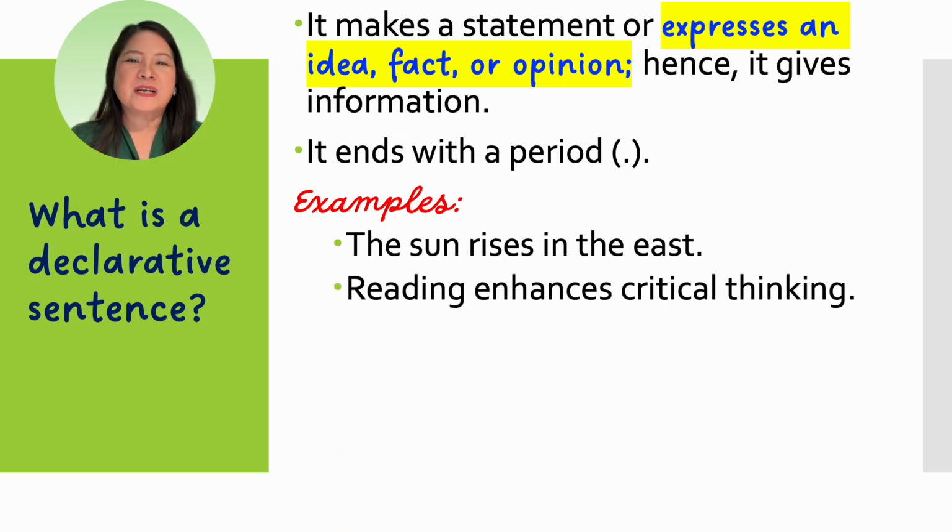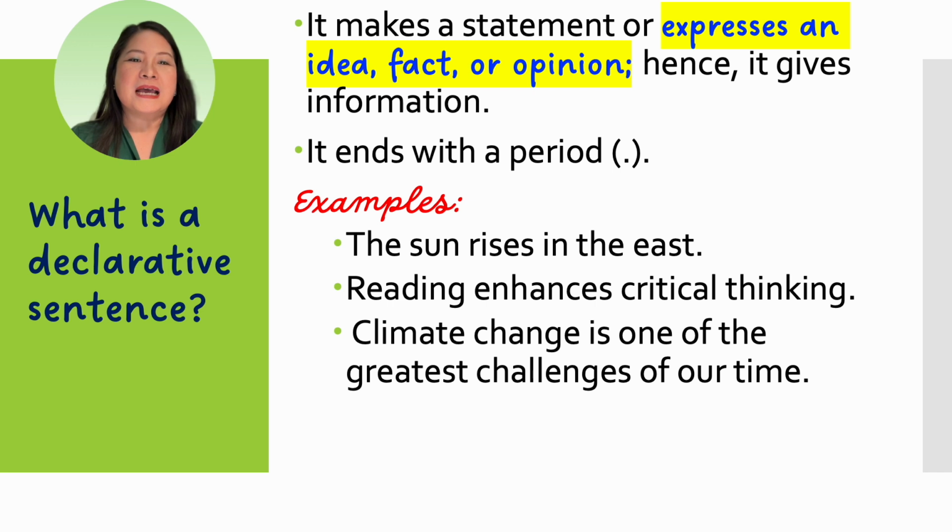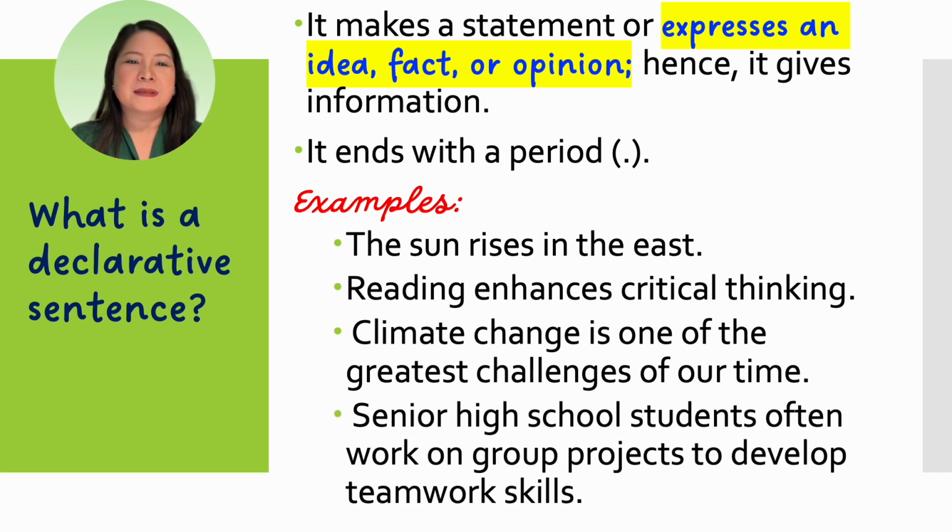Reading enhances critical thinking. Climate change is one of the greatest challenges of our time. Senior high school students often work on group projects to develop teamwork skills. So all these sentences are actually expressing an idea, fact, or opinion, and therefore we are getting information from this.